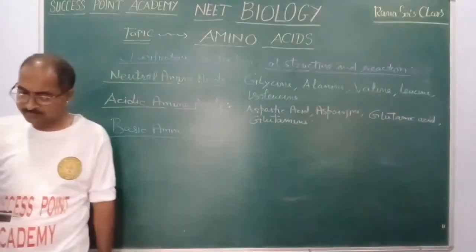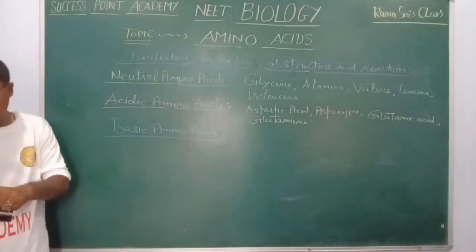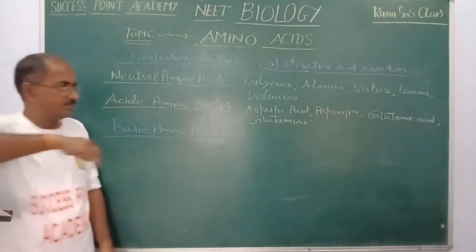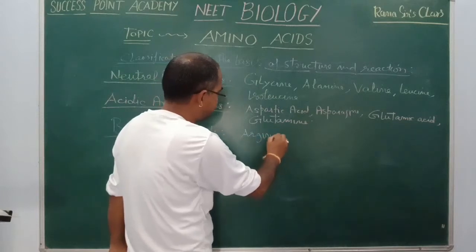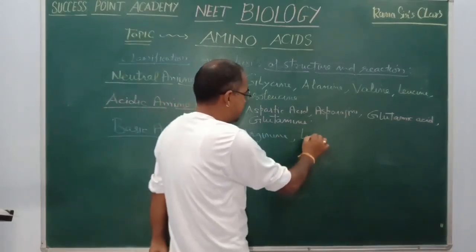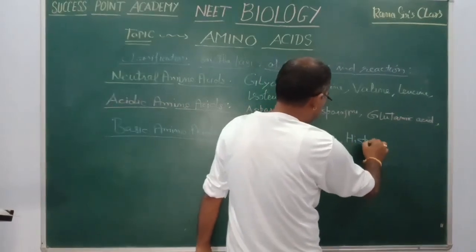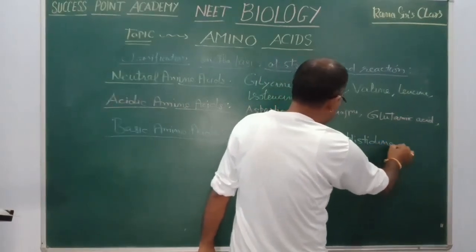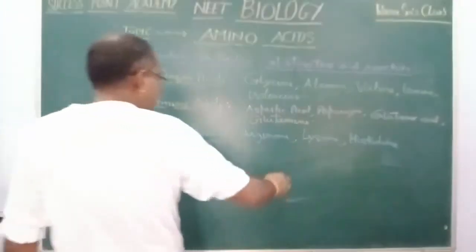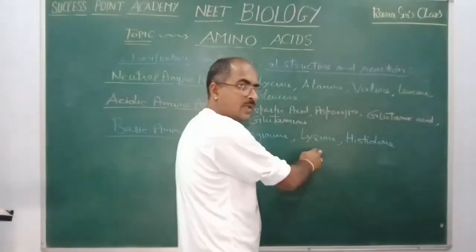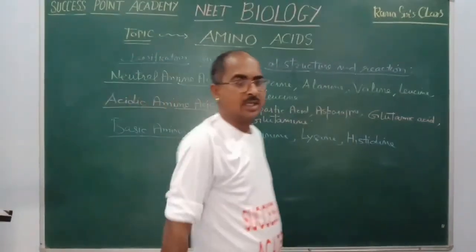So basic amino acids: arginine, lysine, histidine. This is what there is in the basic amino acid group.